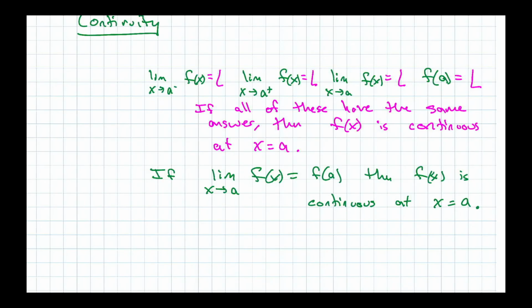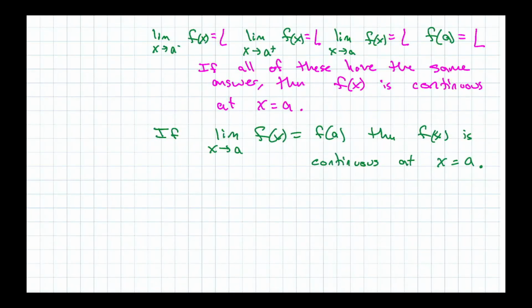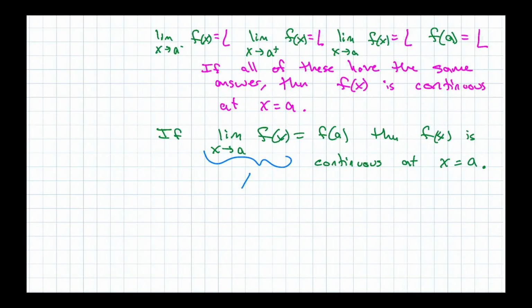And the thing about that, though, is in order for this one to exist, you have to remember that the limit as x approaches a from the left must equal the limit as x approaches a from the right.